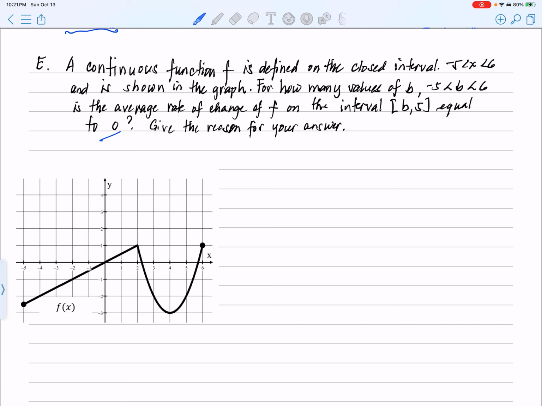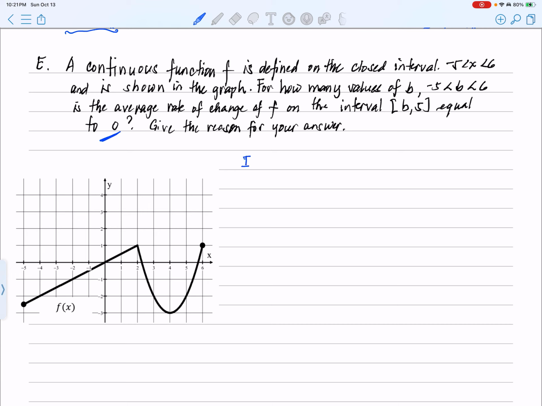There is one here that should catch your attention, because when the rate of change is 0, remember the slope going to the right, going up. When it's straight, that means the slope is 0.